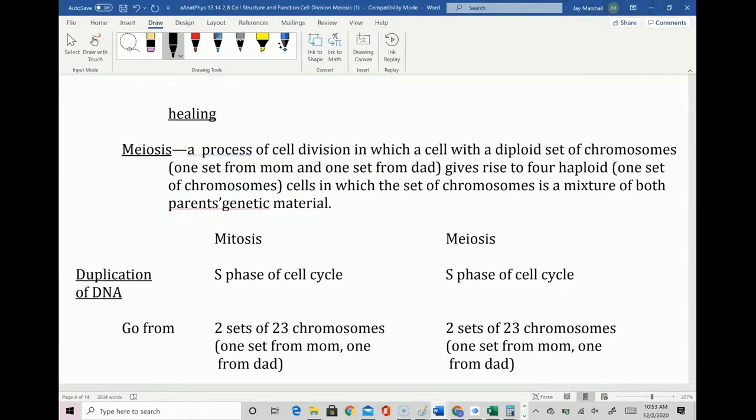So when I need the process to create the gametes, we said that the reason I have to use this special process of meiosis is that I need to go from two sets of chromosomes to a single set of chromosomes. What did we say would happen if I did not do this? What would happen to the number of sets of chromosomes?